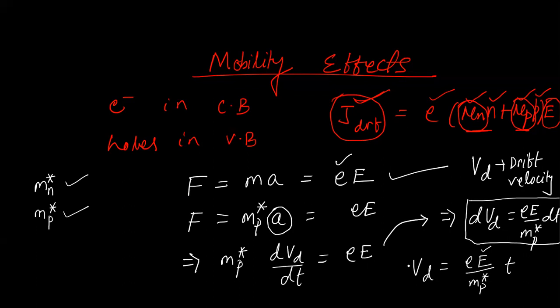Then we got vd, the drift velocity, in terms of the time factor, electric field, and effective mass of the hole: vd is equal to eE divided by mp star, times t.